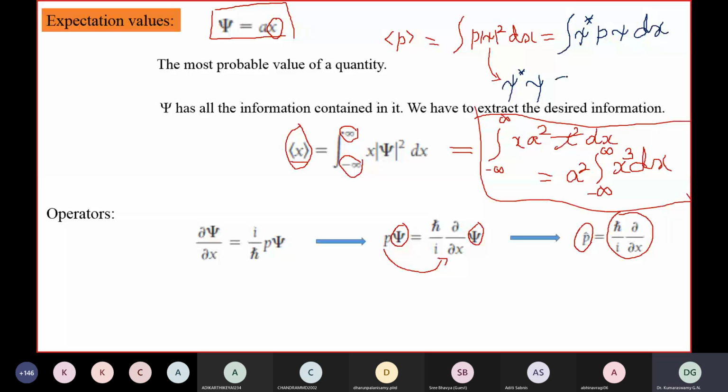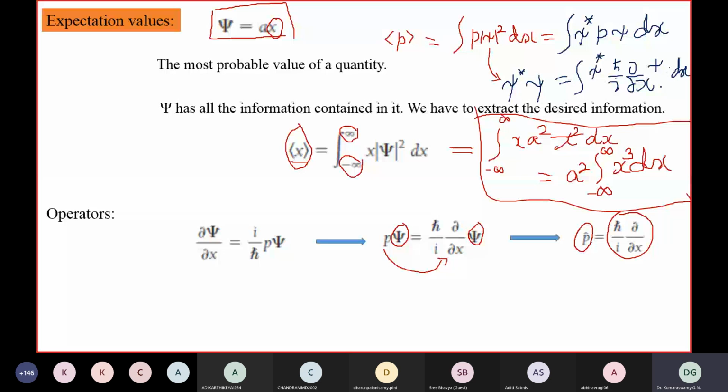This I'll rewrite as the integration of psi star, h cross by i, dou by dou x, psi into dx. Where is P now?